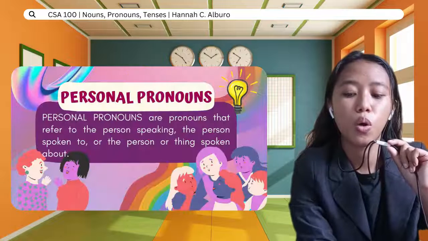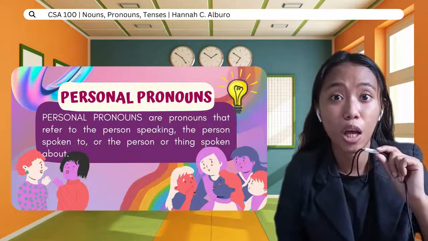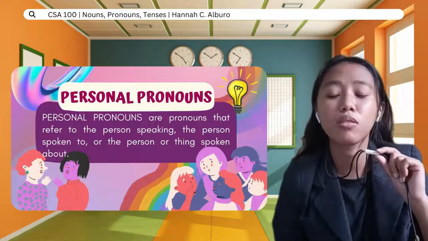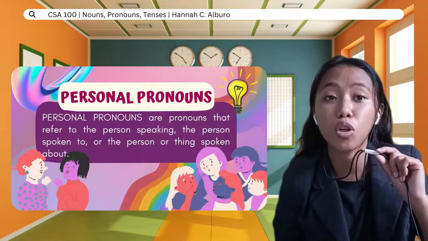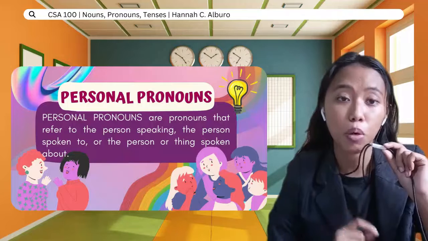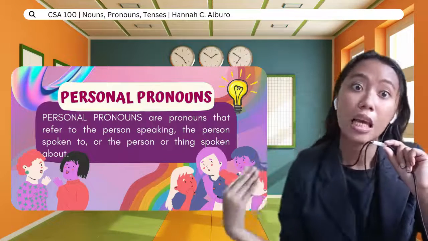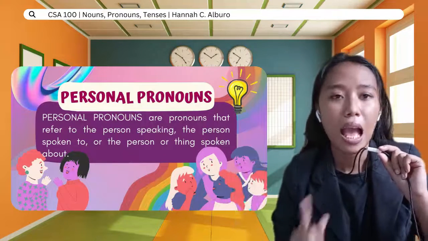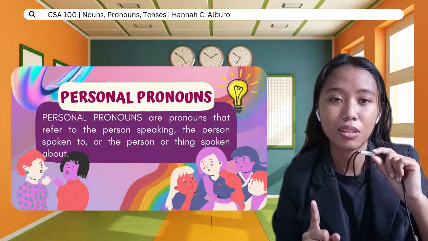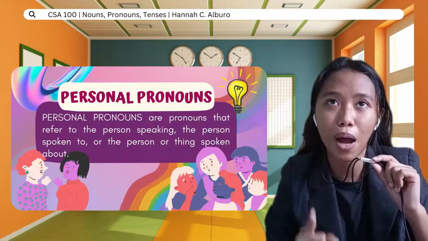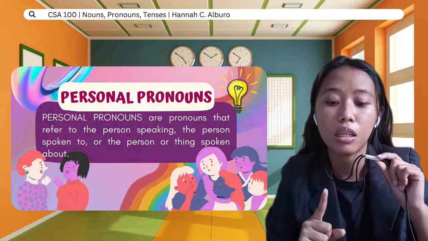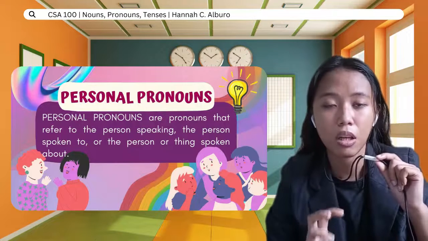For the first one, we have the personal pronouns. These are pronouns that refer to the person speaking, the person spoken to, or the person or thing spoken about. Actually, personal pronouns comprise the largest of the six classes of pronouns.